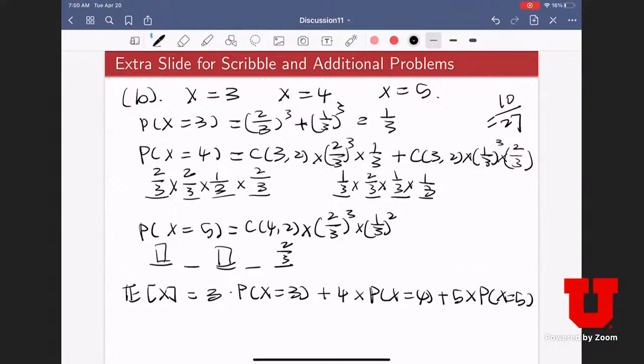You see the sum of the exponents should equal your number of games, like 3 plus 2 equals 5.